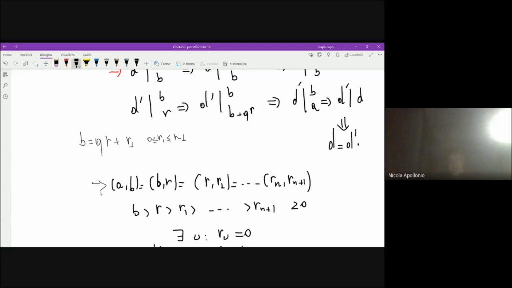What is nice is that since this property holds, the sequence of successive remainders you find during the execution of the algorithm is strictly decreasing, and they are non-negative.